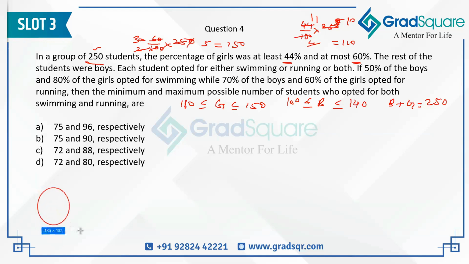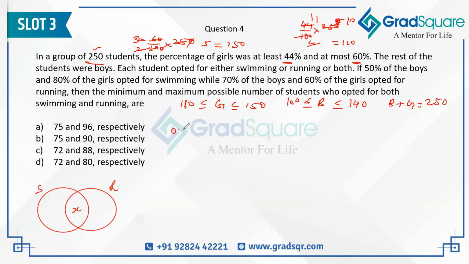So suppose this belongs to the number of people who have opted for swimming, and this belongs to the number of students who have opted for running. Let's say this is swimming, this is running, and let me take X as the number of students who have opted for both. Now, they're telling us that 50 percent of the boys and 80 percent of the girls opted for swimming.